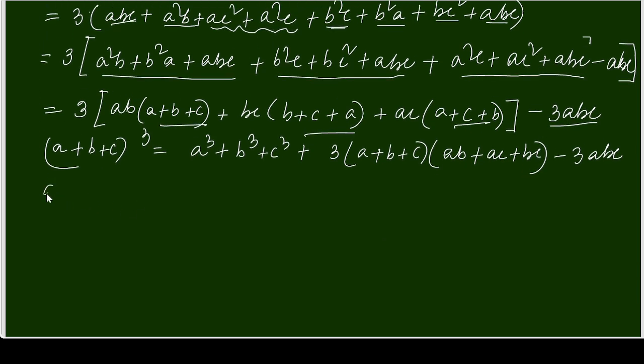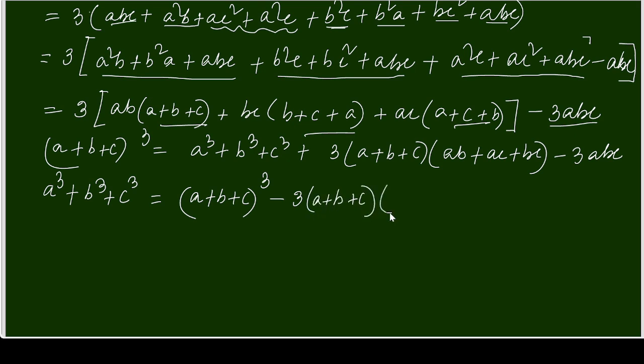So from this I am separating now A cube plus B cube plus C cube. So this equals A plus B plus C whole cube minus 3 times A plus B plus C into AB plus AC plus BC, and this minus negative 3 ABC will be positive 3 times ABC.